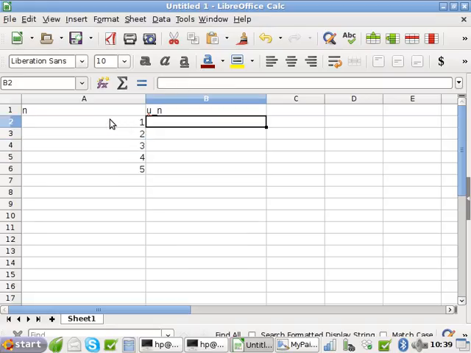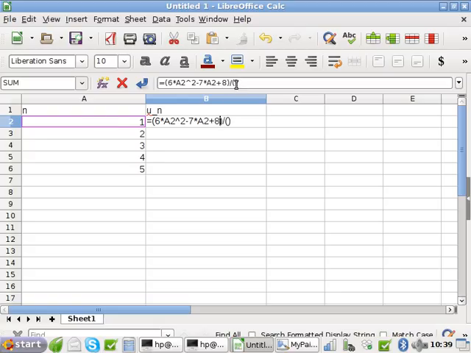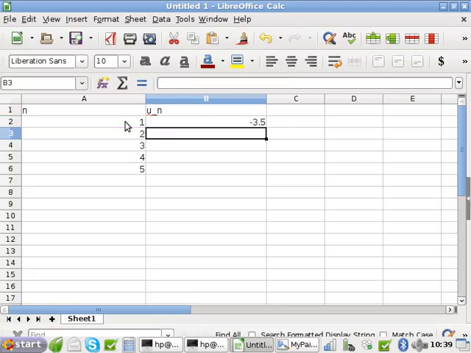And my formula is something divided by something, and on the top I have 6 times n squared minus 7 times n plus 8 over 3 times n squared minus 5 times n. So what did you get for the first term? 3.5. Minus 3.5? Then what did I type in wrong here?